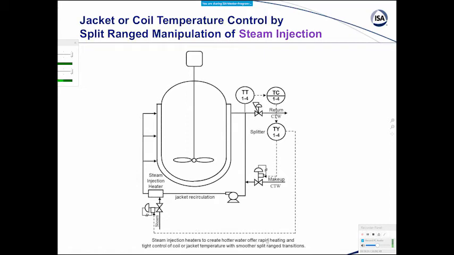It creates hotter water, offering rapid heating and tighter control of the coil or jacket temperature with a smoother split range transition too. If you have two phases or you have heat exchangers and you're trying to make a transition from cooling to heating, it's really disruptive and really difficult to make that not a problem in terms of tight control.